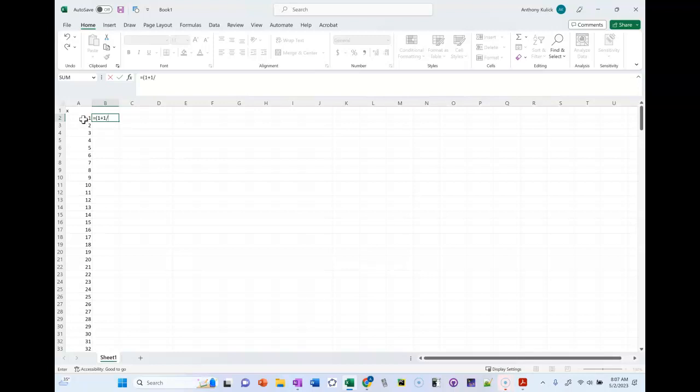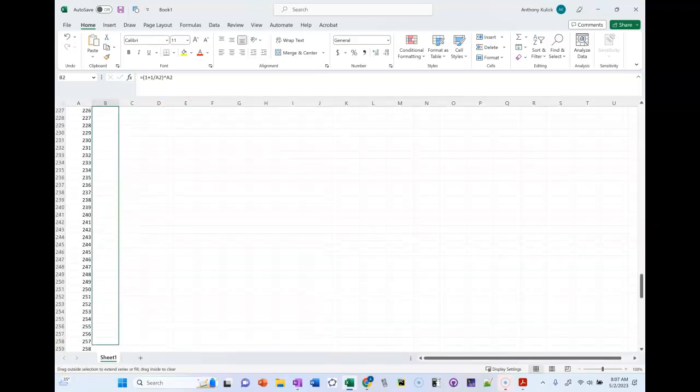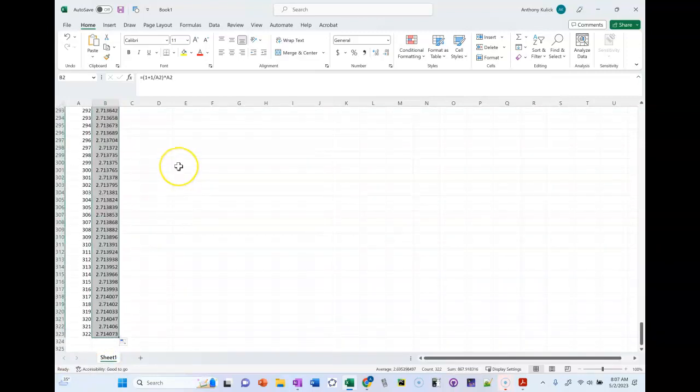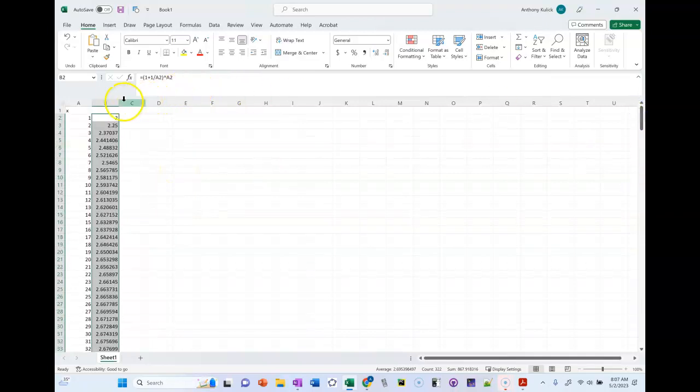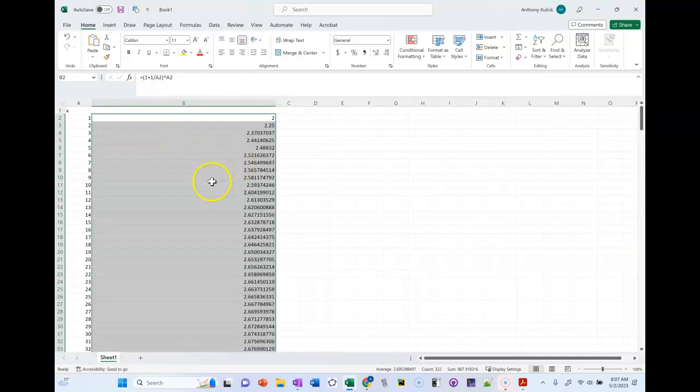And then I'll just do 1 plus 1 over whatever that x value is to the power of that x value. And we'll just scroll that down. Excel is really good at this kind of stuff. And we'll make that a little bit wider.